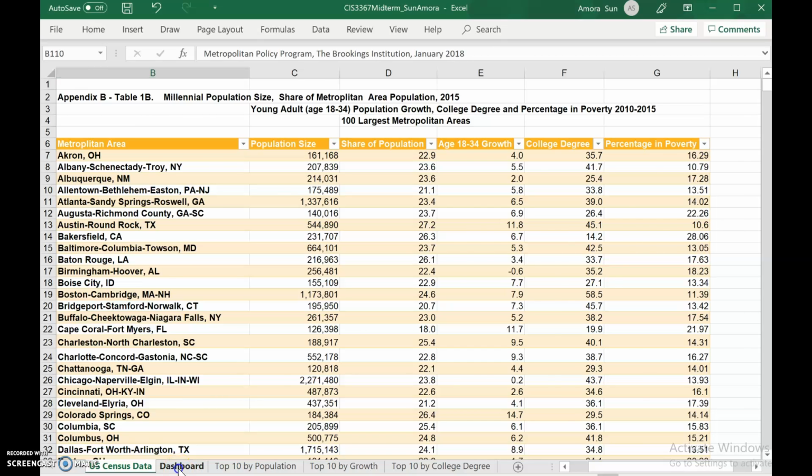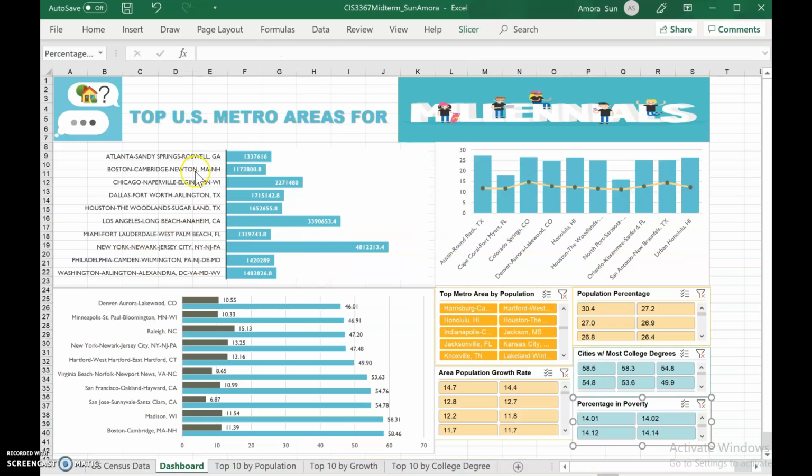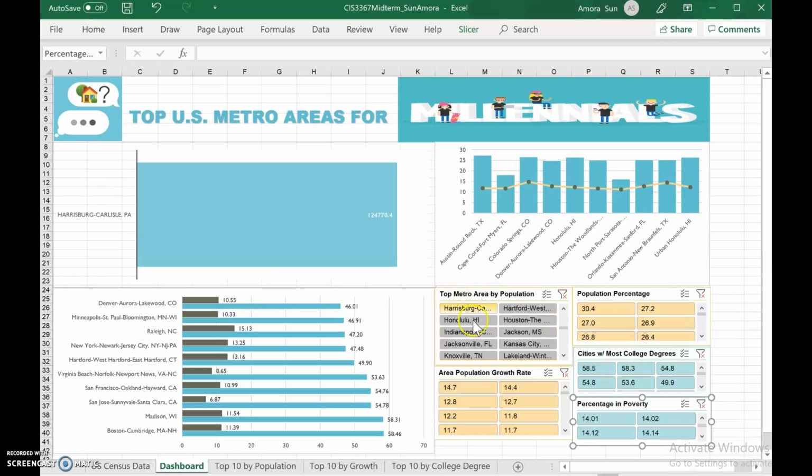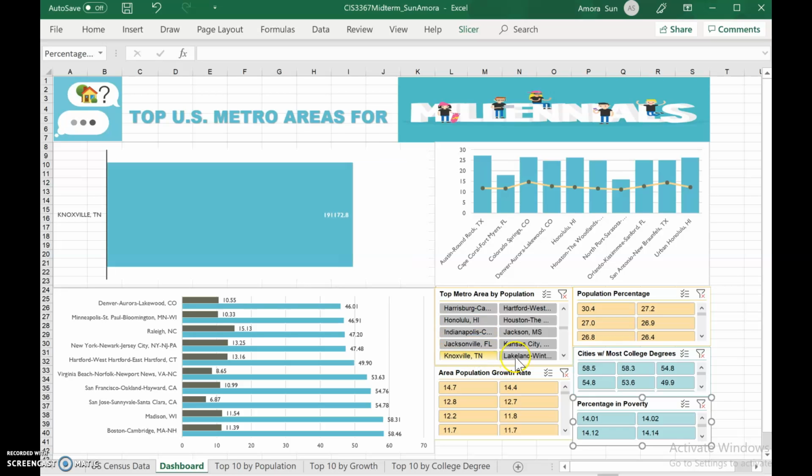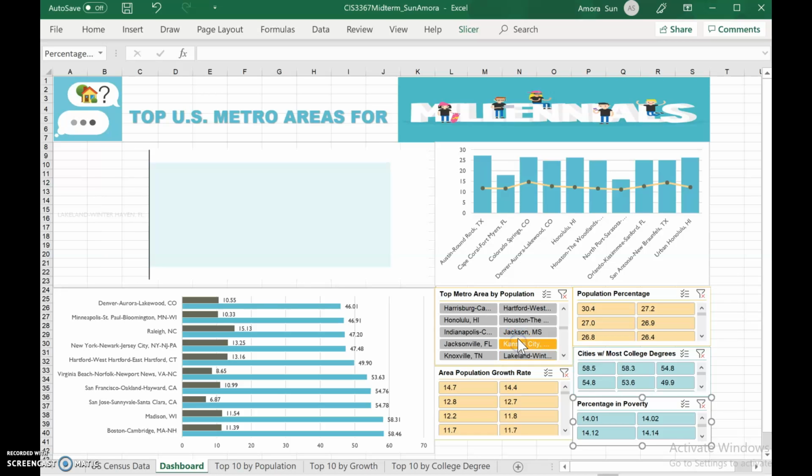So if we come to the dashboard here, the top pivot table will show us the top 10 U.S. metro areas for millennials, and this was organized by population size. The associated slicer with the first pivot table will list the top 100 metro areas that will be filtered through these tabs within the slicer.